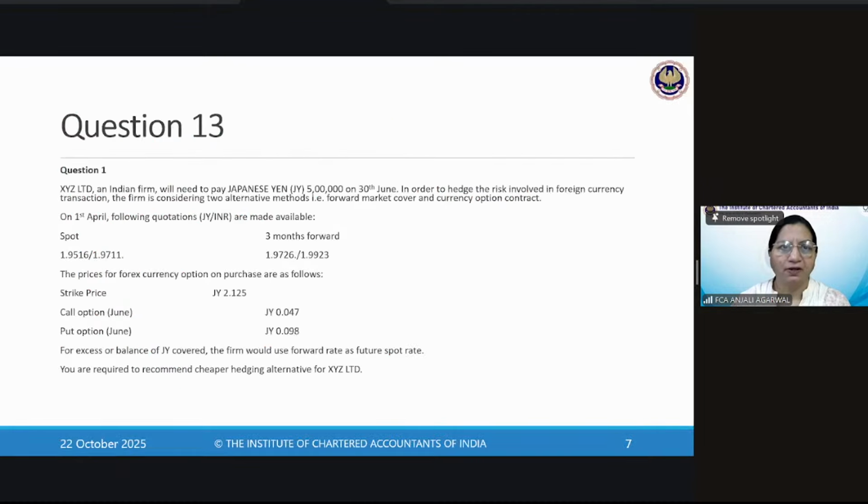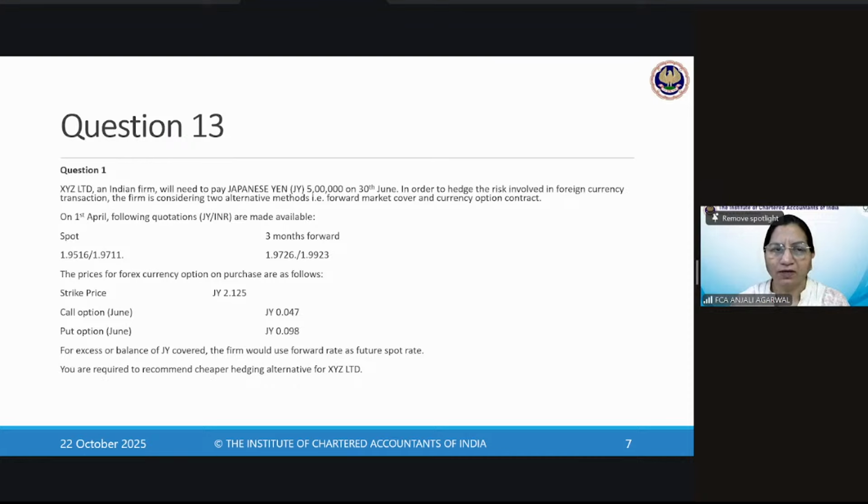Okay. So we start our next concept here: exchange rate or foreign exchange exposure and management. Technically, we have understood only the basic concepts of foreign exchange. We are now looking at how we can manage that exposure.